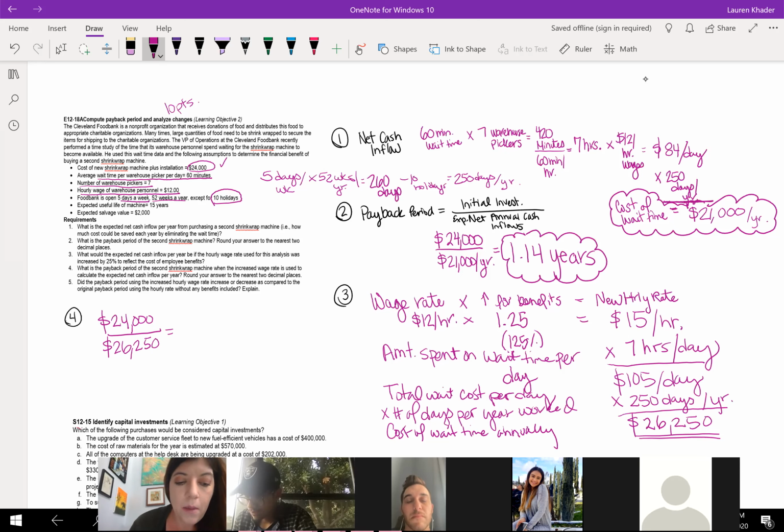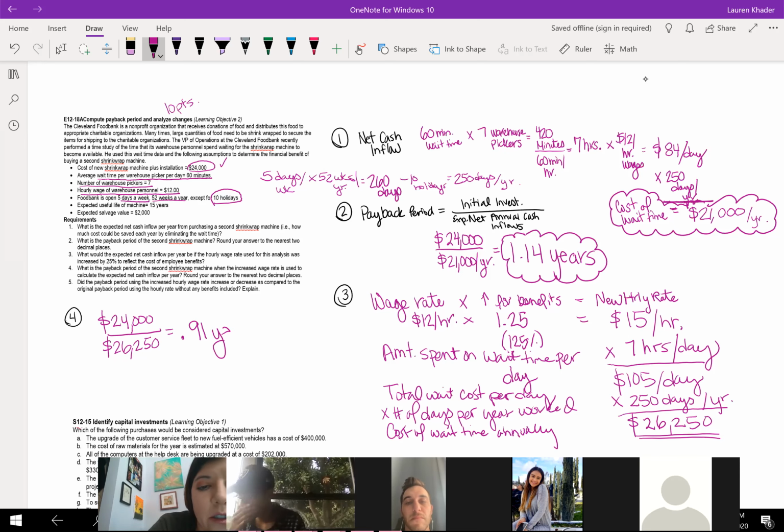And the payback period now becomes what? Less than a year, about 0.914 years. So 0.91 is sufficient. 0.91 years.